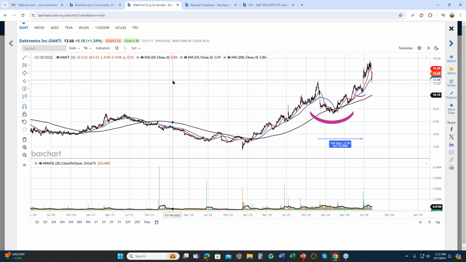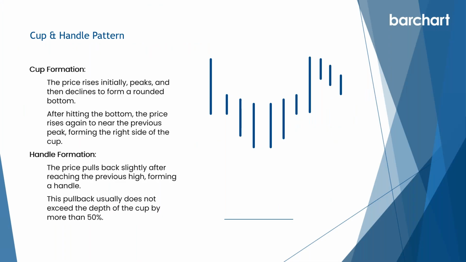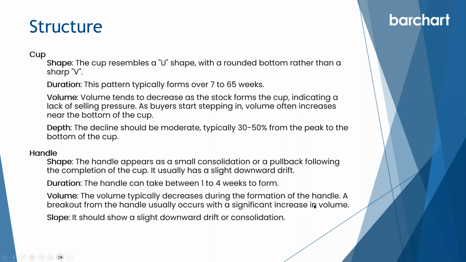So now let's talk about breaking down the structure. So the cup itself, right? We want to see that U shape, that rounded bottom, more than we want to see the V shape.